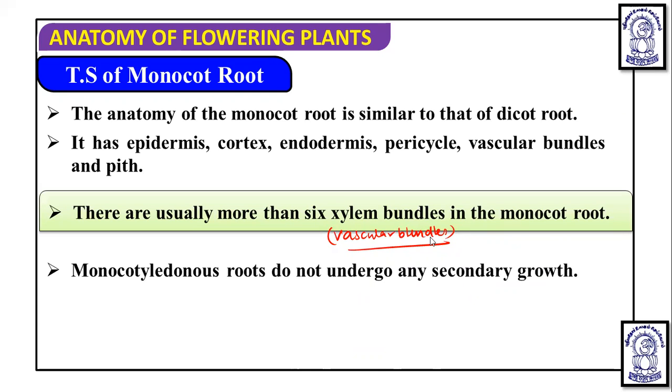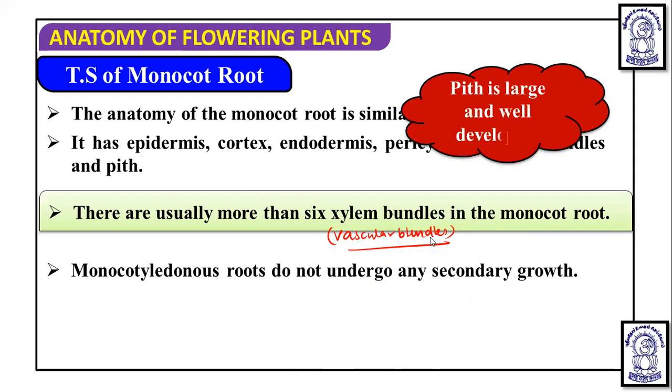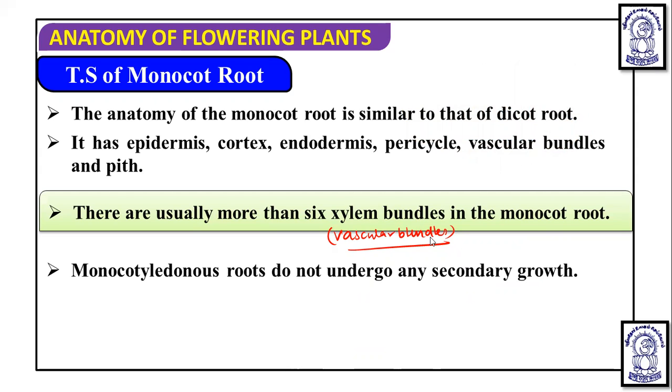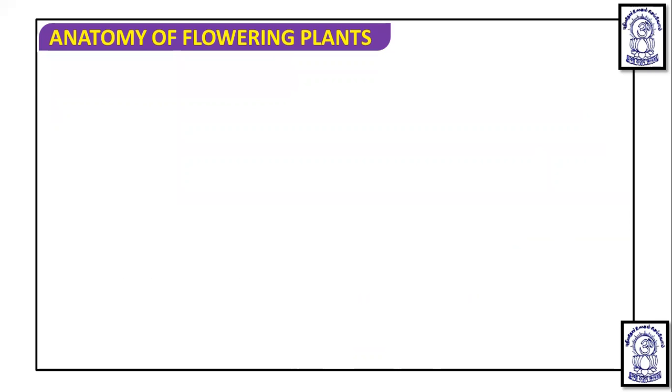Monocot root does not undergo any secondary growth because in monocot root the cambium is absent. So due to cambium being absent, they cannot undergo secondary growth, or thickness-wise growth, or wood formation.